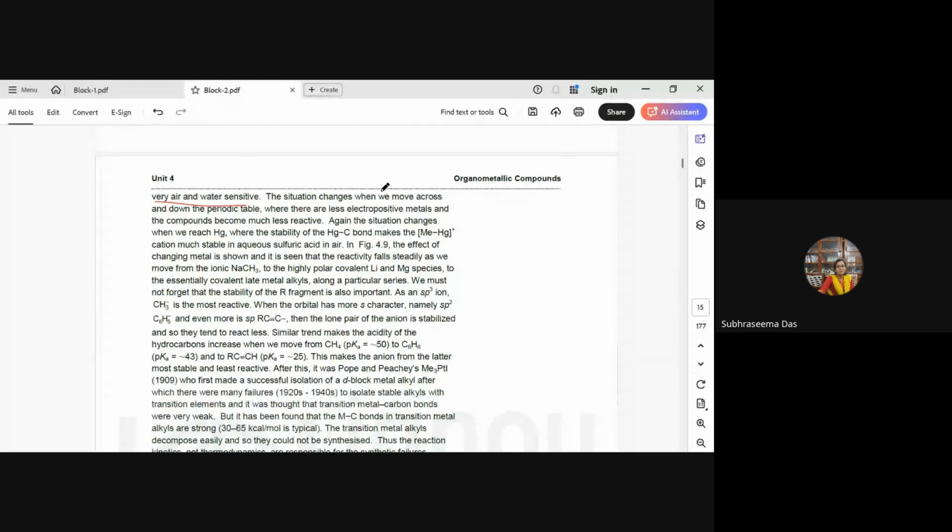This situation changes as we move across and down the periodic table, where the metals are less electropositive and the compounds become much less reactive. Again, the situation changes when we reach mercury, where the stability of the mercury carbon bond makes the MeHg+ cation much more stable in aqueous sulfuric acid and in air.